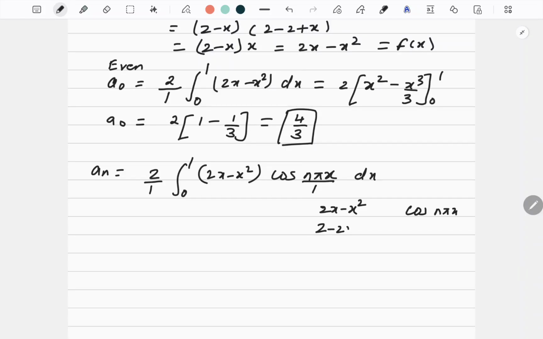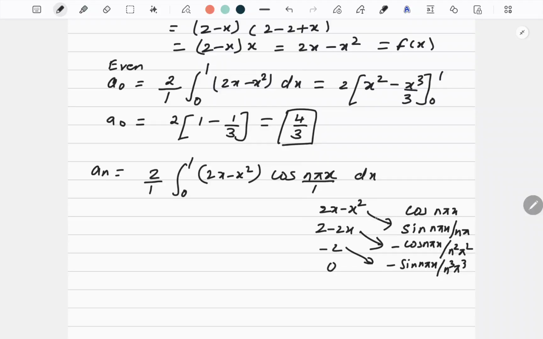So 2 minus 2x, then minus 2, then 0. This is sine of n pi x upon n pi. This is minus cos of n pi x upon n square pi square, and minus sine of n pi x upon n cube pi cube. Make the cross lines, plus, minus, plus.